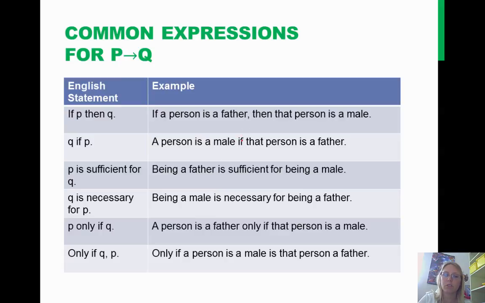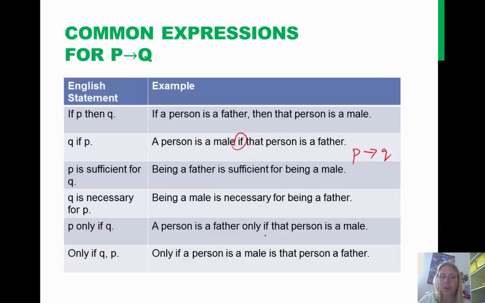Notice it still uses the word if in it, so it's still equivalent to if P, then Q. The following says, being a father is sufficient for being a male. Same thing, we're still having if P, then Q. Being a male is necessary for being a father. So it would still be equivalent to saying if P, then Q. All of these do that.